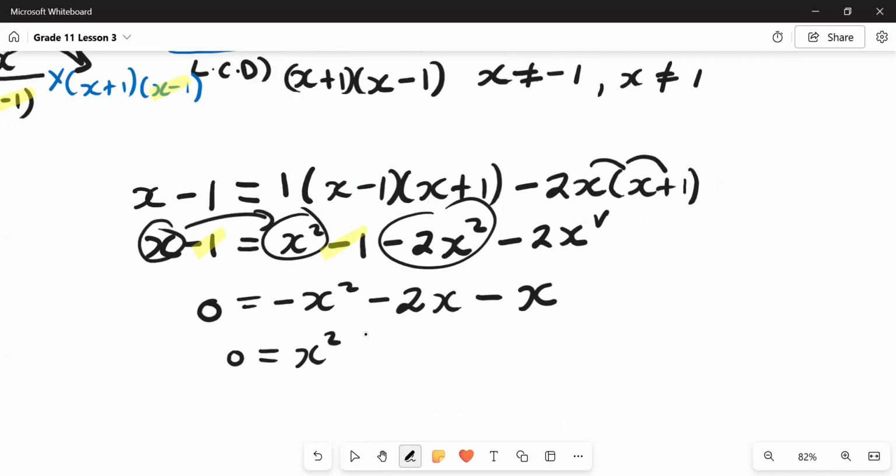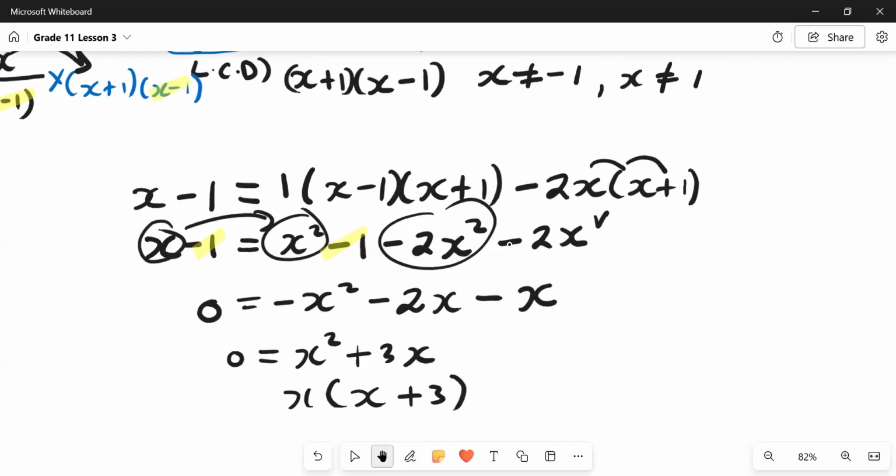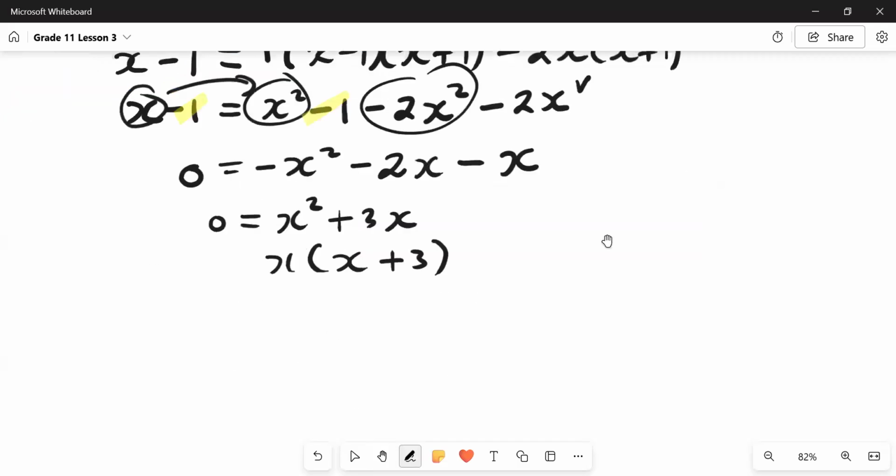And then we take out the common factor of x. This is x plus 3. And then now you have your x equals to 0 or x equals to negative 3. Done. Game over.